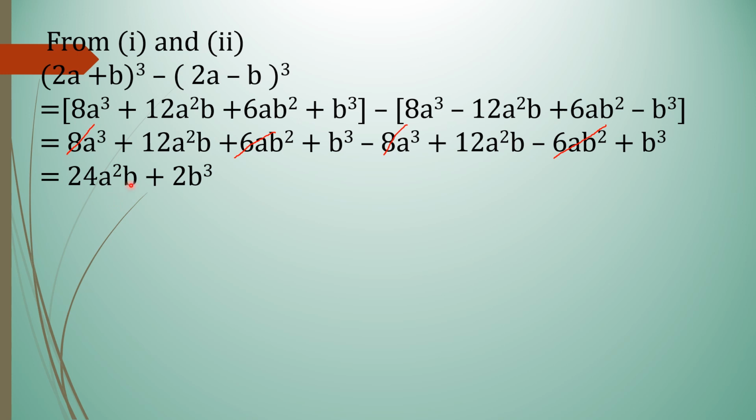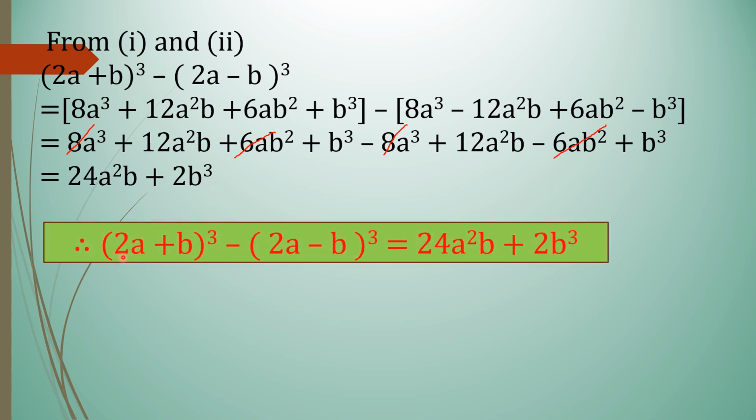It is with a square b and here it is b cube. So you cannot add this. So this is your answer. So 24a square b plus 2b cube. So therefore final answer you will write down. Therefore 2a plus b the whole cube minus 2a minus b the whole cube equal to 24a square b plus 2b cube. Step by step if you do, you simplify, then it will become very easy.